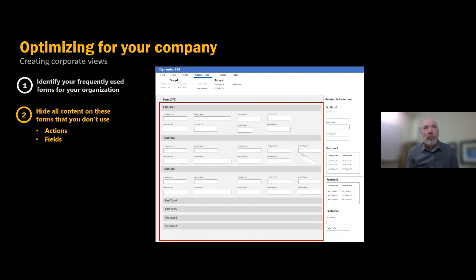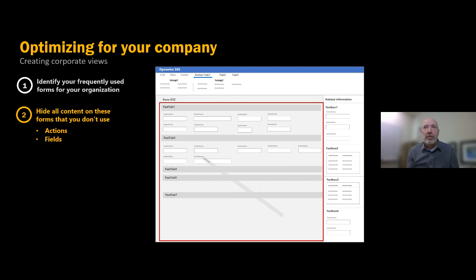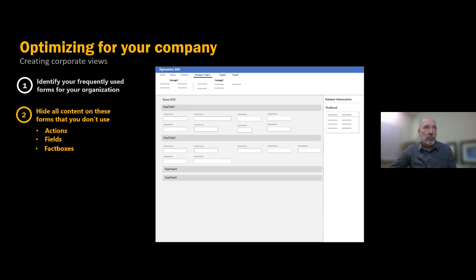So I really encourage you, if there's a feature that you're not using now but may want to use in the future, hide it now and add it back in later. These corporate views are a great baseline for everybody in the organization. So remove the fields, buttons, and actions that you don't need within your organization.